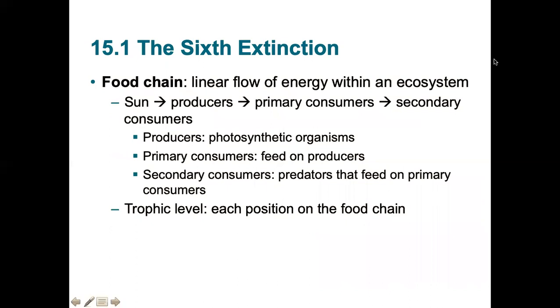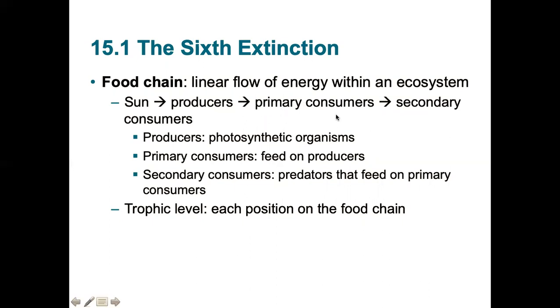We need to think about the food chain for the next thing. In the food chain, you start out with the sun, which allows our producers, our photosynthesizers, to create glucose from carbon dioxide, and they convert that glucose into energy and carbon inside their cells, and so they bring carbon into a solid form.